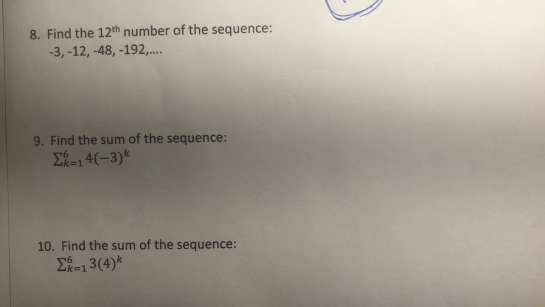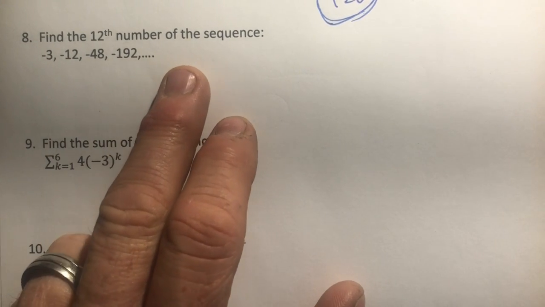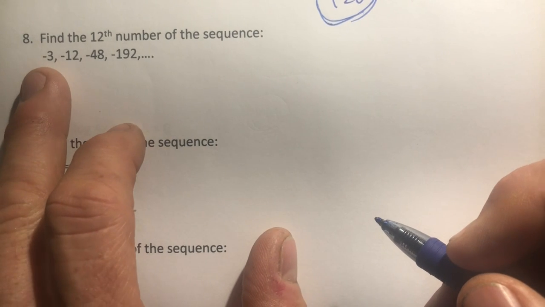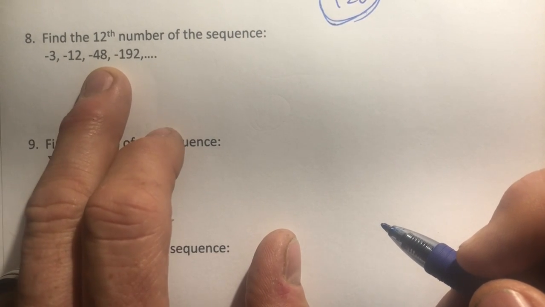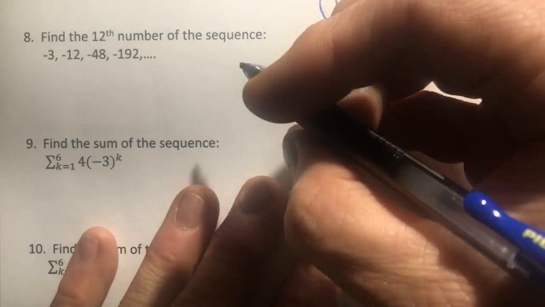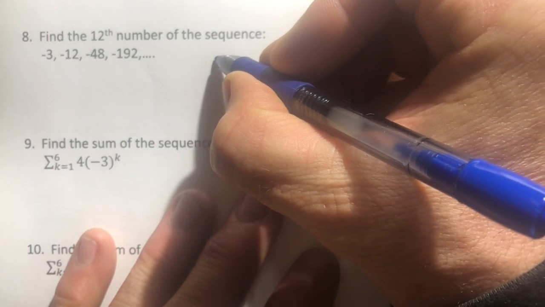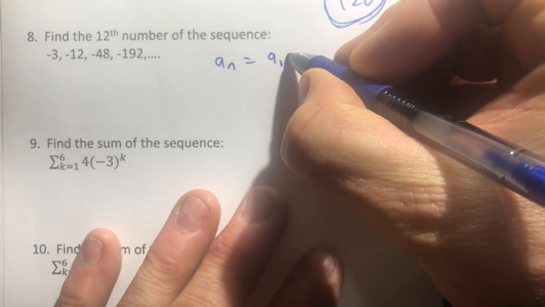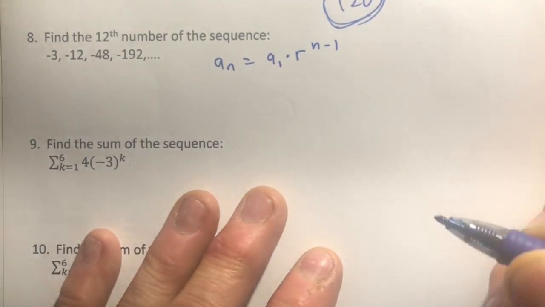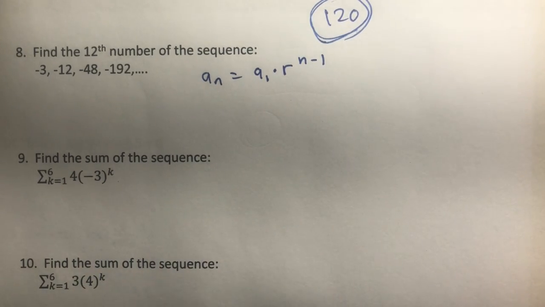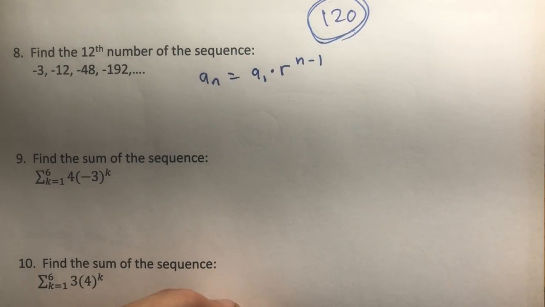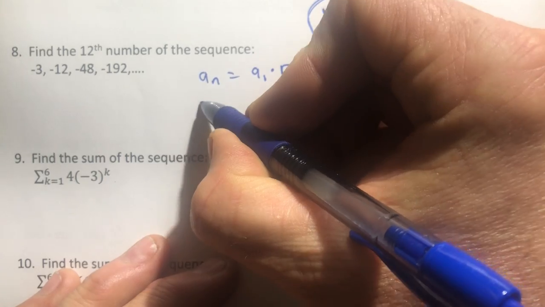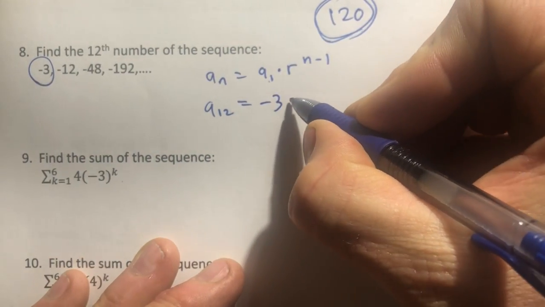Now, number 8. Find the 12th number of the sequence. If you notice, this is geometric. In geometric, we have a sub n equals a sub 1 times r to the n minus 1 power. This is the formula for a geometric sequence. We want the 12th number, so I want a sub 12 equals a sub 1, there's a sub 1 right there, times my r, and r is how much it multiplies by each time.